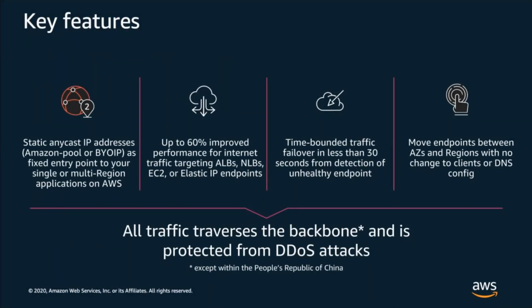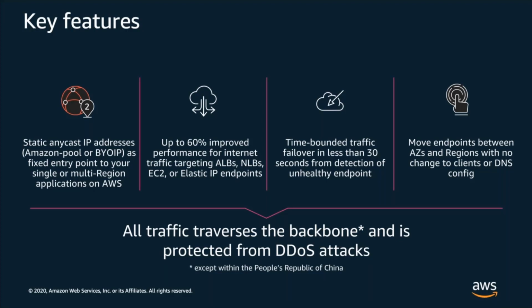So talking about some of the key features of Global Accelerator, from left to right, we start with static IP addresses. We offer two IPv4 addresses that we associate to your accelerator. When you create an accelerator, you'll see them associated to your accelerator resource.